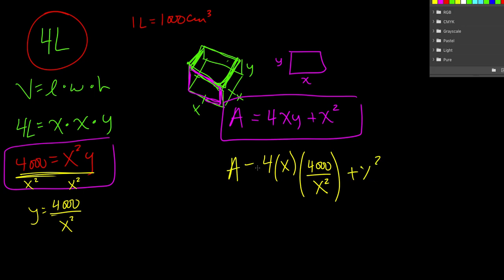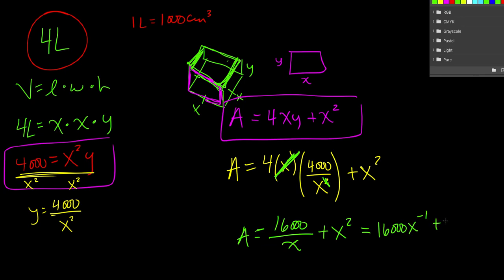This is still equal to our area. Okay, if we can cancel this with the squared down here, and then 4 times 4 is 16,000 over x plus x squared. And then we can rewrite that as 16,000 x to the negative 1 plus x squared.